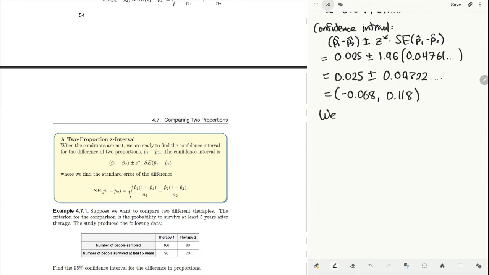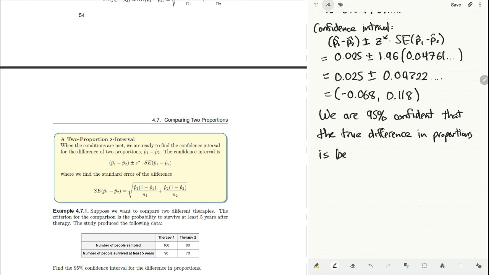So what we could say is that we are 95% confident that the true difference in proportions is between negative 0.068 and positive 0.118.